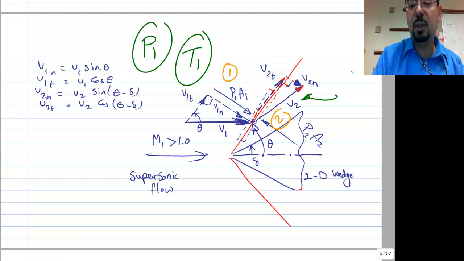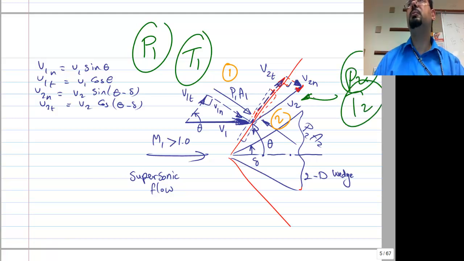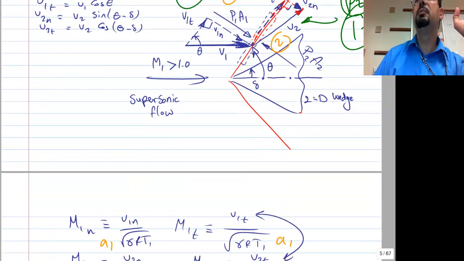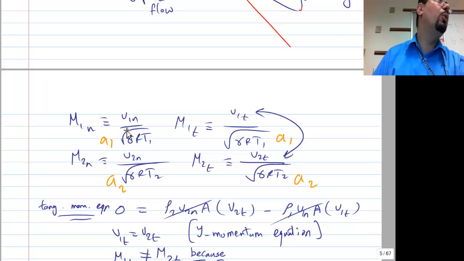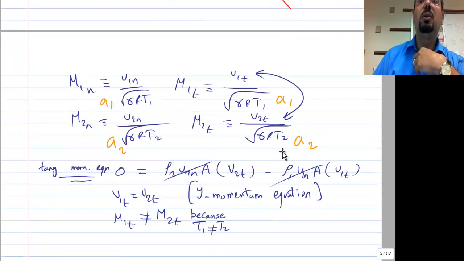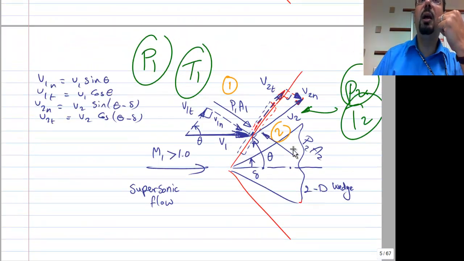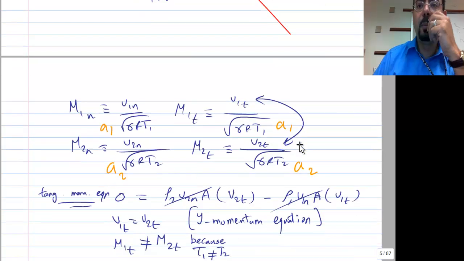After the shock, there is only P2 and only T2. Does this make sense? But we can define M1 normal and M1 tangential because they are different velocity components. All right?